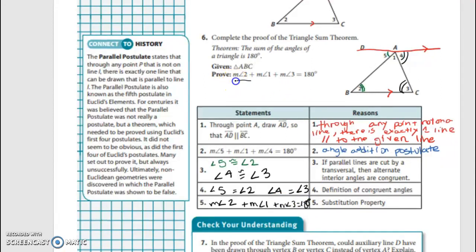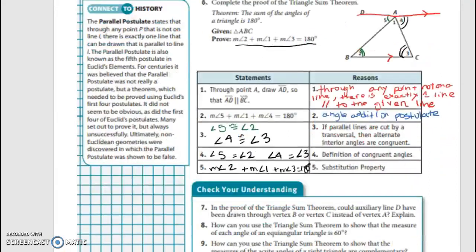And lo and behold, that is what we're trying to prove. So using the parallel postulate, we were able to prove, in fact, that angle 1, 2, and 3 added together is 180 degrees.